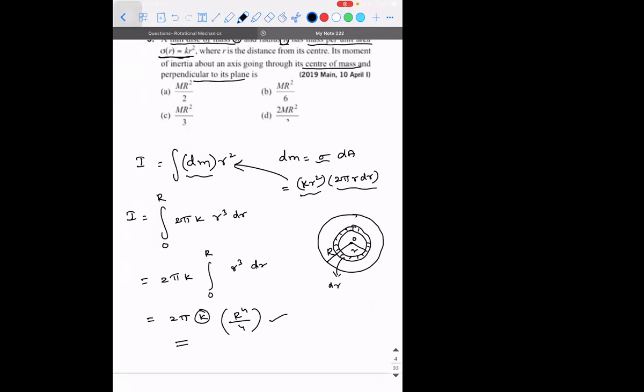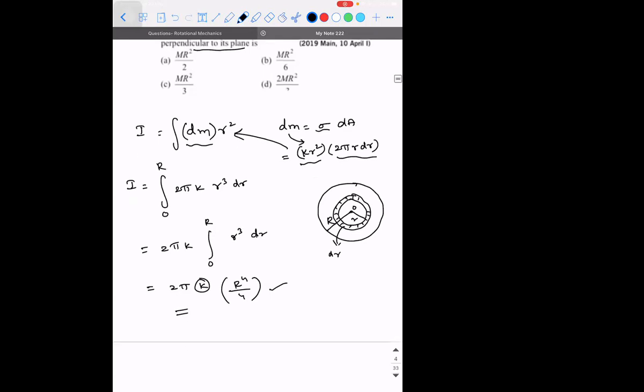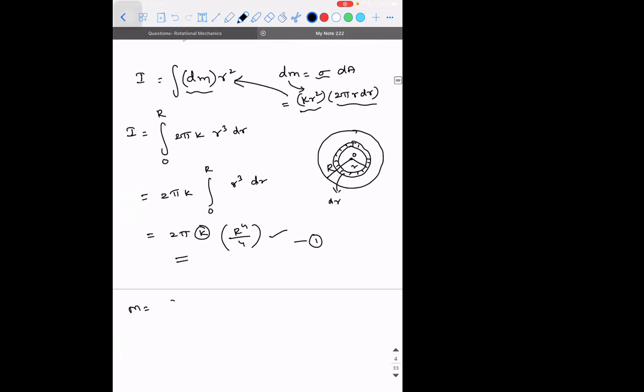So what is our work? Since we know dm in terms of K, let me take this as equation number 1. Can I find the total mass as integral of dm from 0 to R? That is integral of 0 to R of K R square, that is 2 pi K R cube dr. What will I get? 2 pi K R power 4 divided by 4.